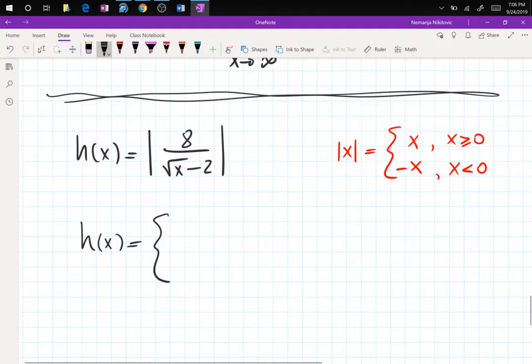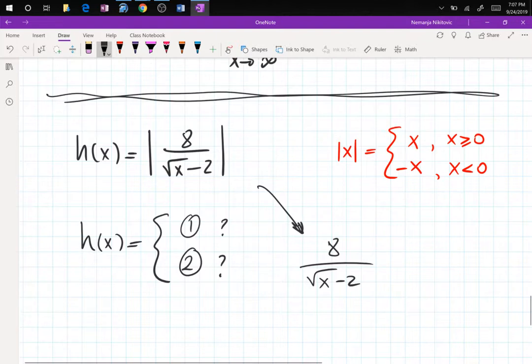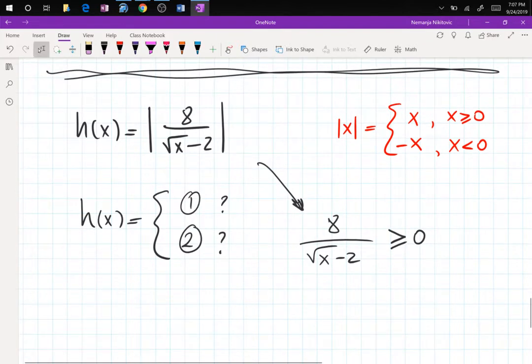So you have to solve 2 inequalities in order to come up with what goes here and what goes there. So I'm going to first work out 8 over square root of x minus 2 to be larger or equal than 0. When I solve this inequality, I will have the values for which the function is above 0.